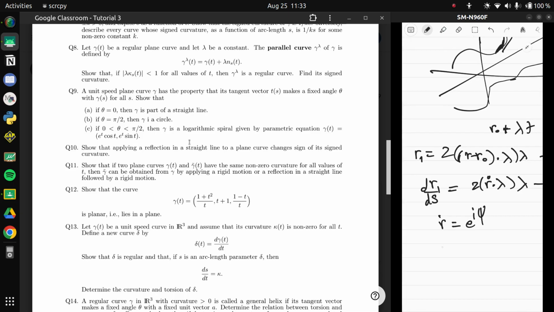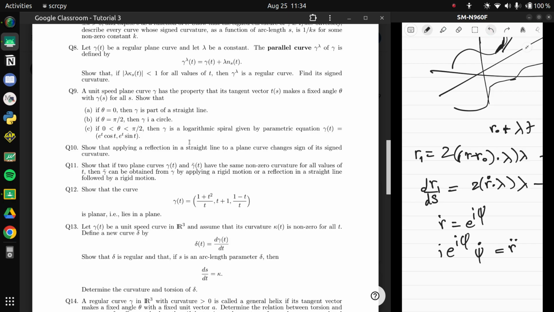Then what we want is d phi by ds, right? So you just take a derivative of this thing, so i e power i phi dot, that's r double dot, right? R1 dot is something like that once again.